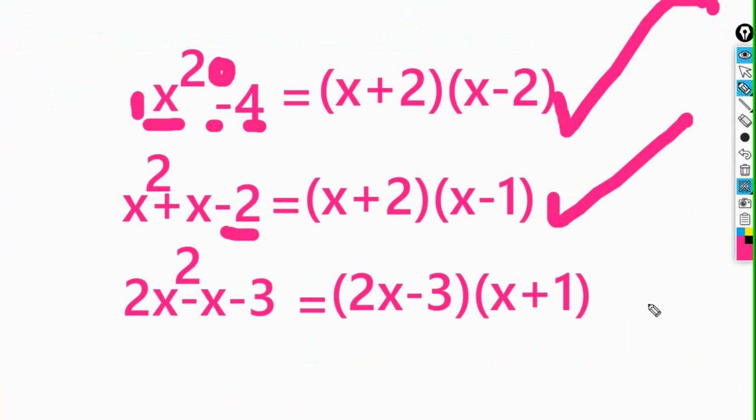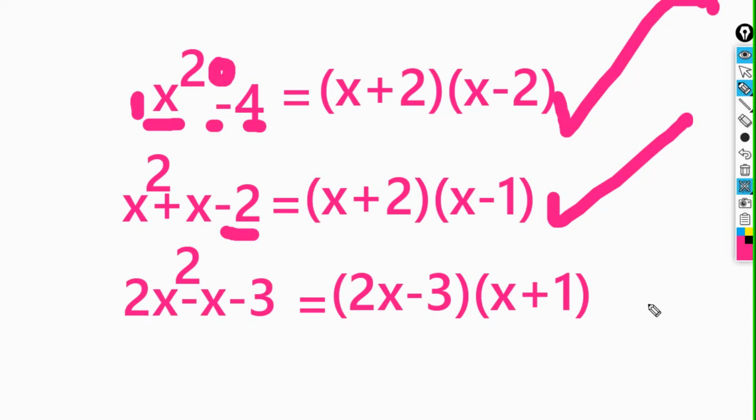Then we have this one here, which of course now you really have to be careful with, because it has a different coefficient. The coefficient of x squared is not 1, instead it's 2. So the coefficient of x squared is 2, the coefficient of x is minus 1, and the constant is minus 3.